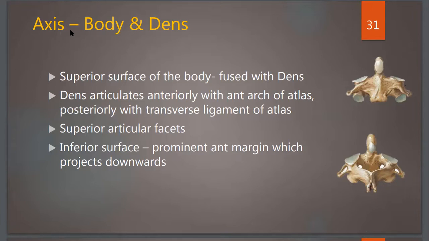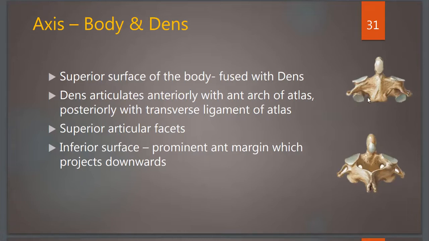Now axis, see, this is the body and this projection is dens. The superior surface of the body is fused with dens. Dens articulates anteriorly with the anterior arch of atlas, and posteriorly with the transverse ligament of atlas. We have superior articular facets which will articulate with the inferior articular facets of the atlas bone to form the atlantoaxial joint.